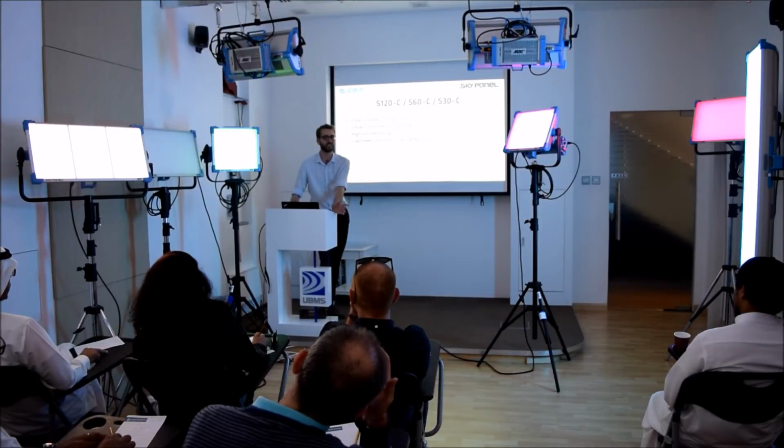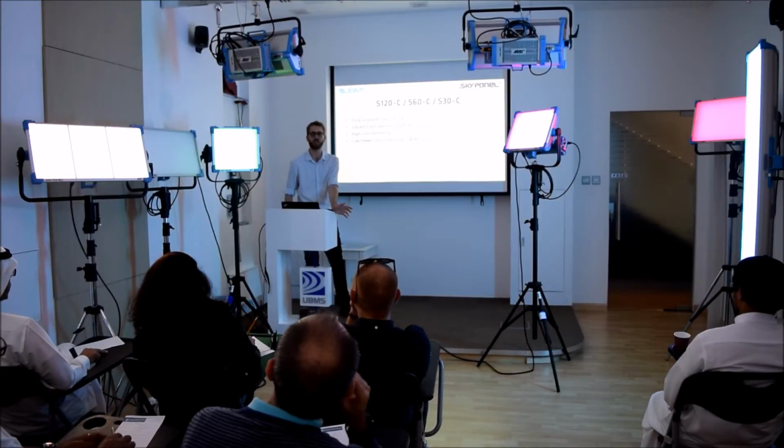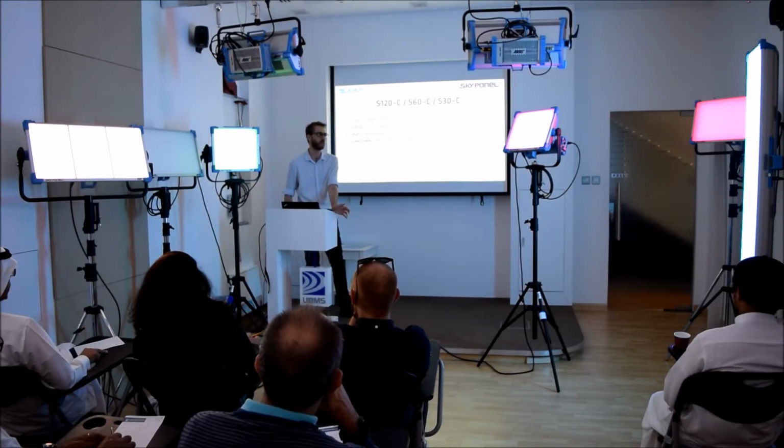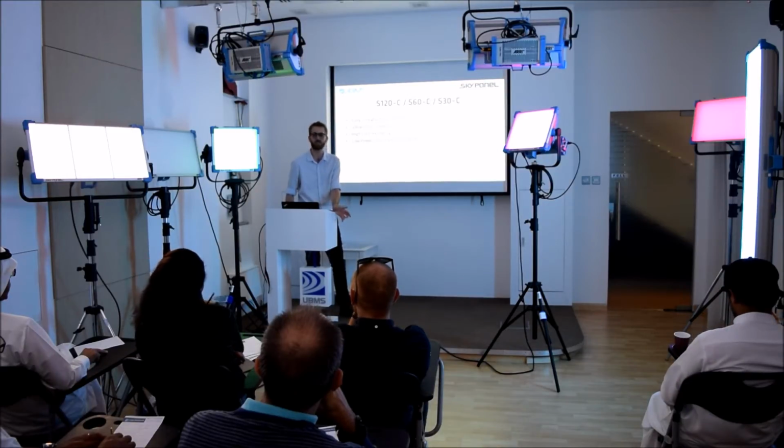The great advantage is that when you're on location using house power, if you're using tungsten lights or some smaller HMIs, you've got to be constantly aware of how much power you're trying to pull if you don't have a generator.